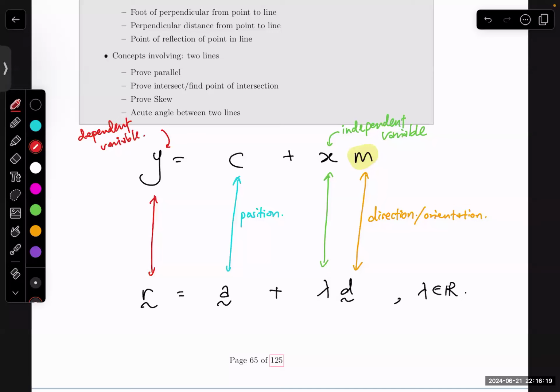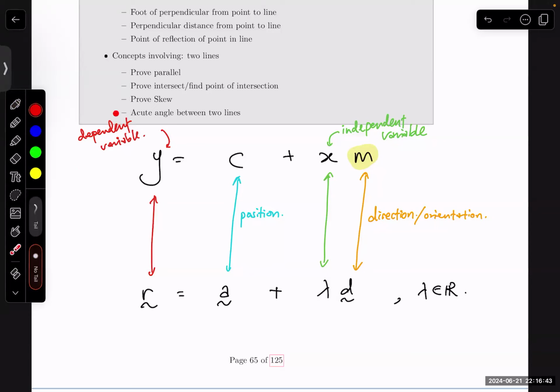Why I bring this up is because of how we think of them. We choose to change our independent variable to see what happens to our dependent variable. Independent means it doesn't depend on something else, so we get to choose or vary it.